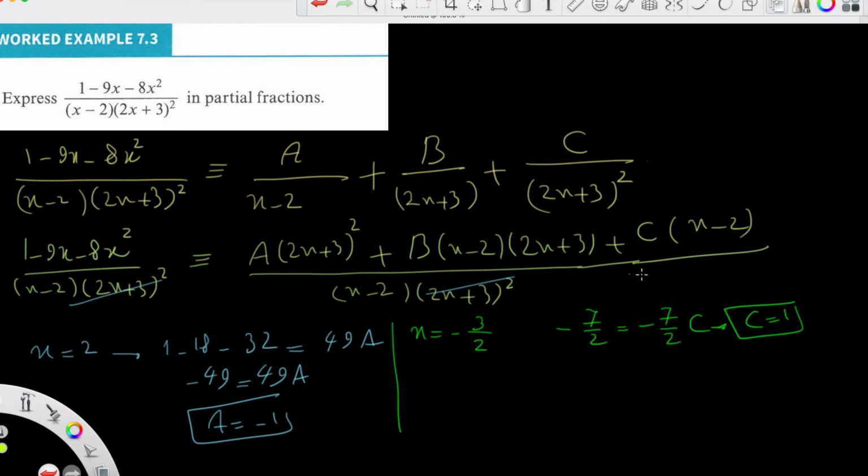Now in order to find b, you have just one unknown left, so you can replace x by 0.